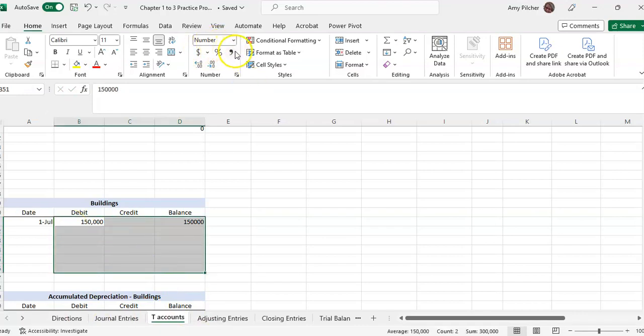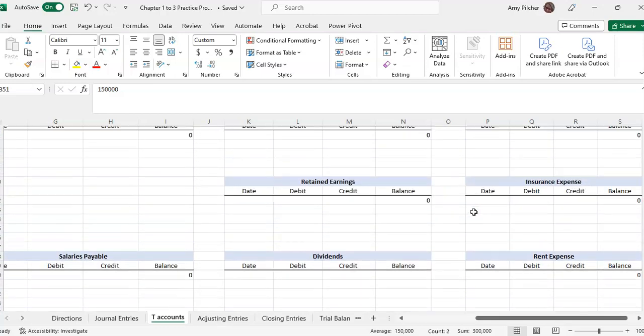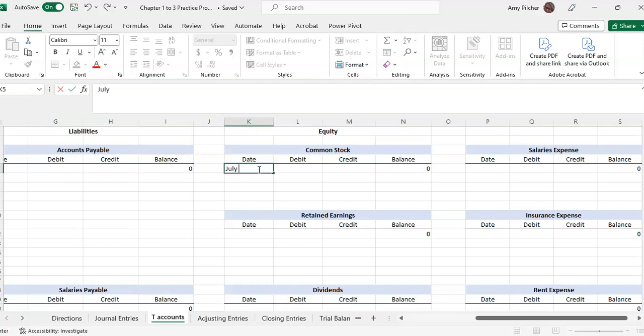Again, going to format as a number. And then we're going to go over to our equity and record that credit in our common stock. So July 1, we have a credit of 180,000 in common stock.